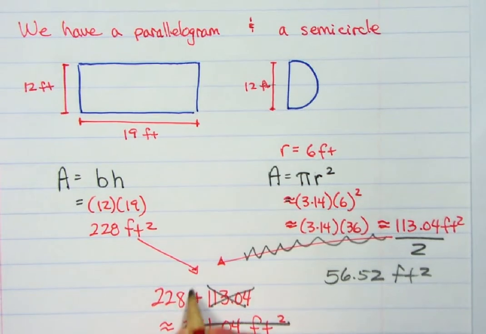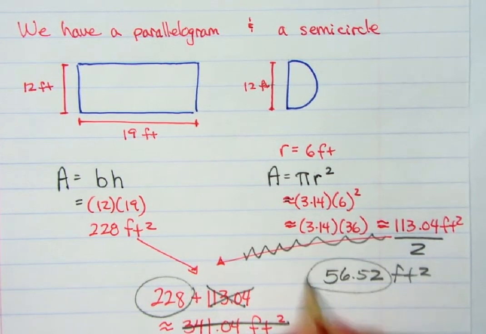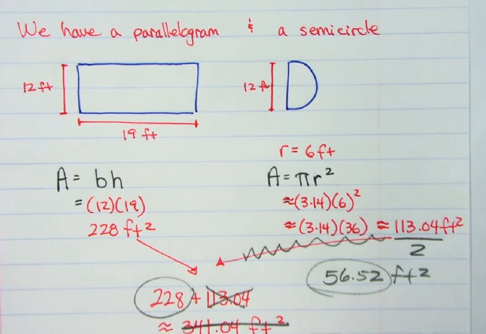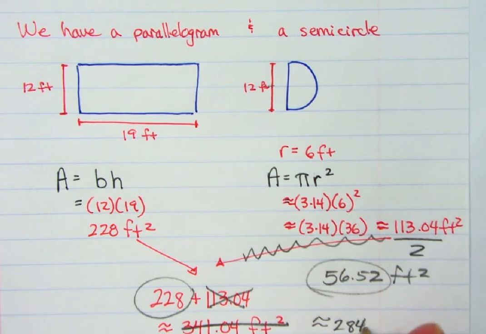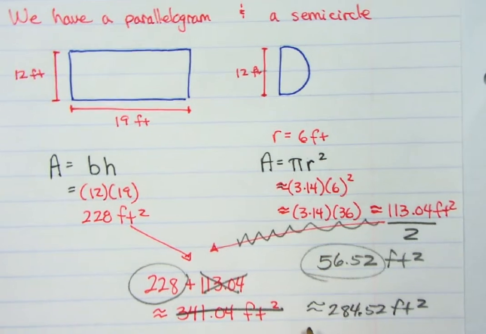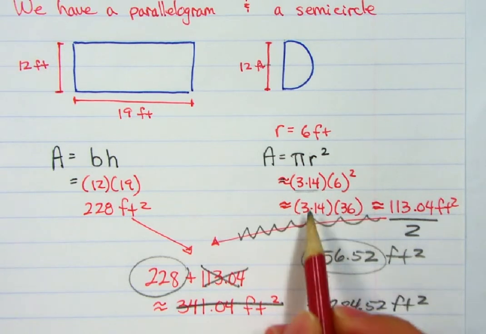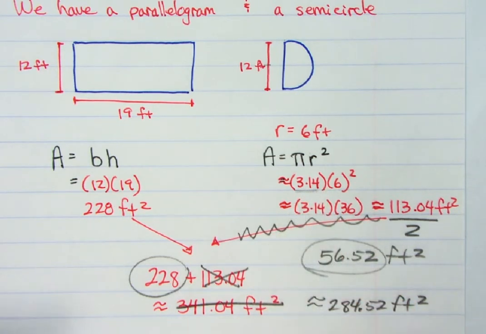And I add my 228 with my 56.52, and I should end up with the correct approximate answer of 284.52 square feet. Again, it's an approximate answer because of the pi right here. As soon as we approximated pi to be 3.14, we knew that the rest of the answer is going to be approximation. It's going to be close to it and close enough.